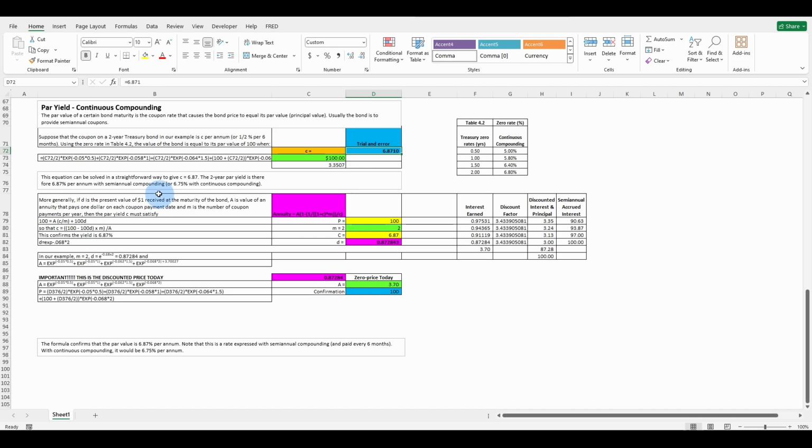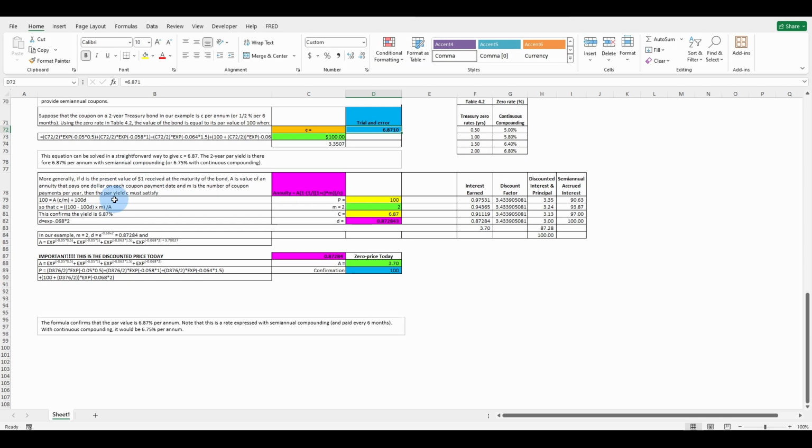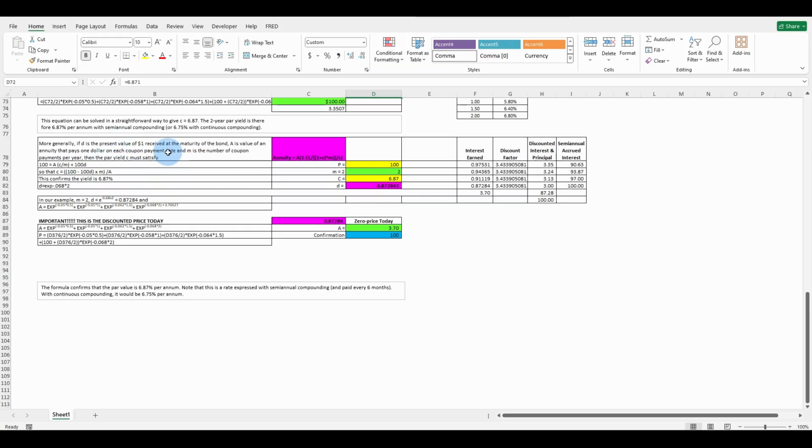That's it. Now, more generally, if D is the present value of a buck received at the maturity of the bond, A is the value of an annuity that pays $1 on each coupon payment date, and M is the number of coupon payments. What are we arriving at? What are we looking at doing here? We have an annuity. We have 100, which is our value. We have 2 periods. We have this 6.87, and we derive this by 100 minus 100 times D. So we're going backwards here.